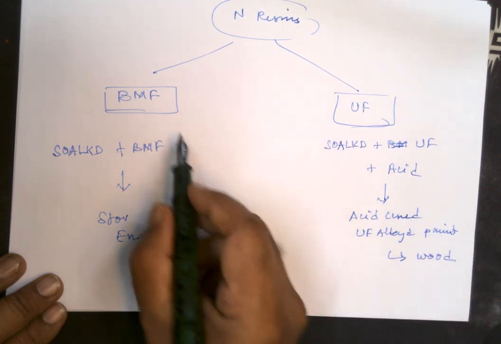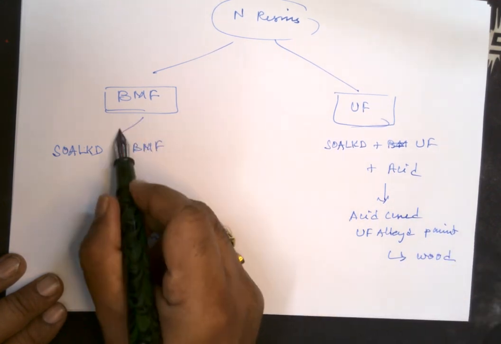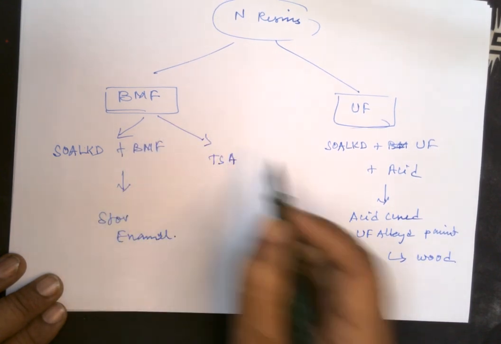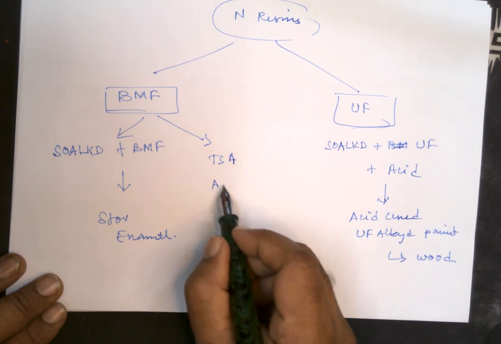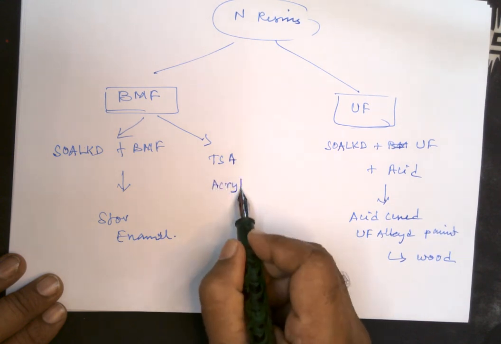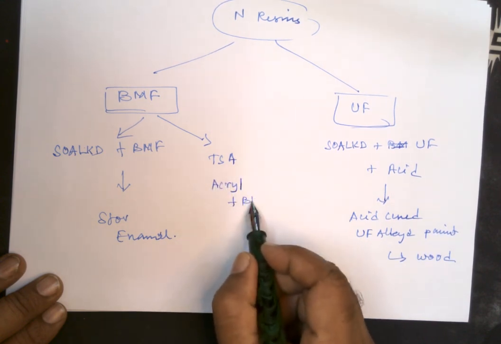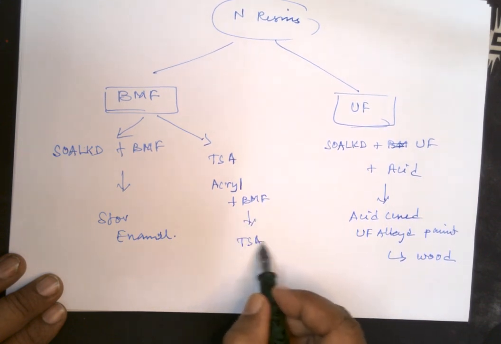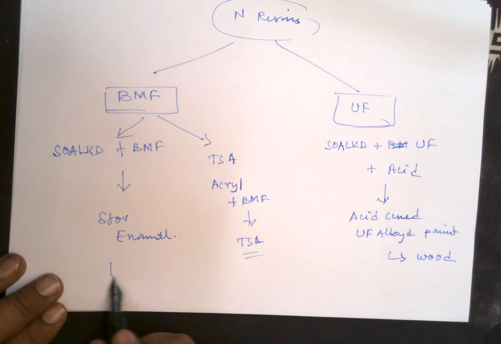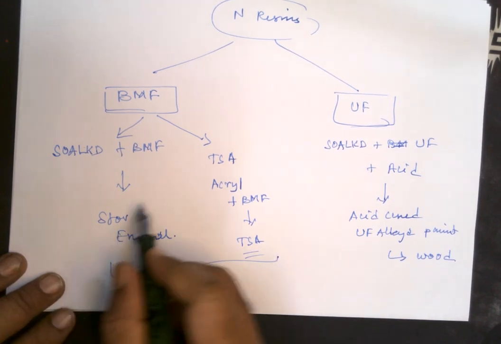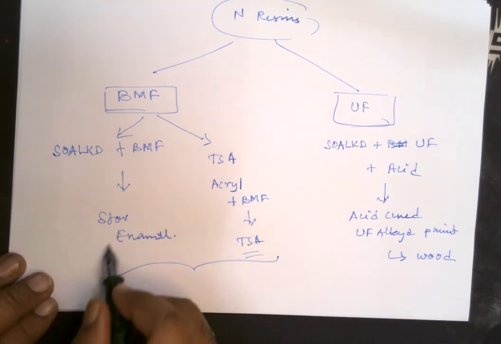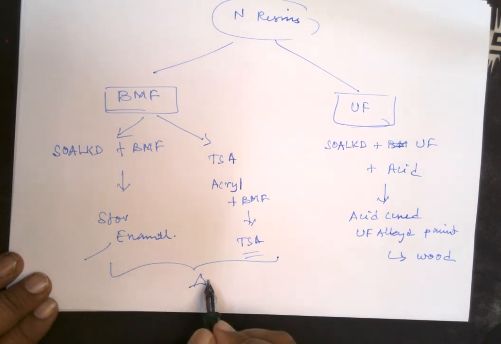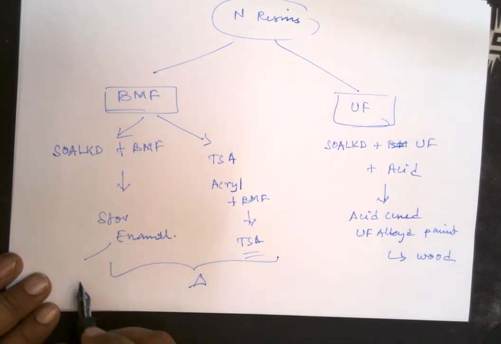And here you can have another type. One is this one, another is thermosetting acrylic resin, where acrylic resin is combined with BMF to give thermosetting acrylic resin. So in both cases, the temperature is maintained. In this case, it should be heated so that it will be cured and forms a cross-linked product.